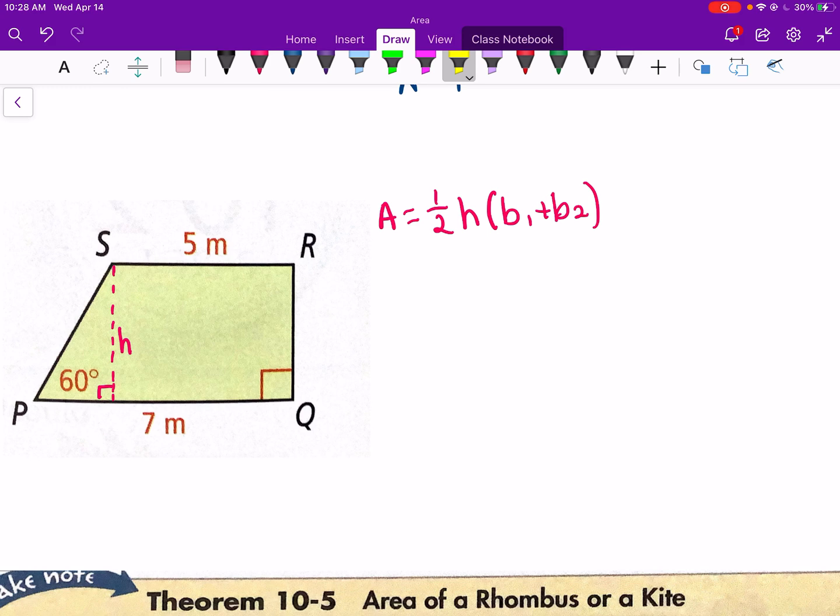Now, it looks like we have a right triangle over here. But we need one of the side lengths.